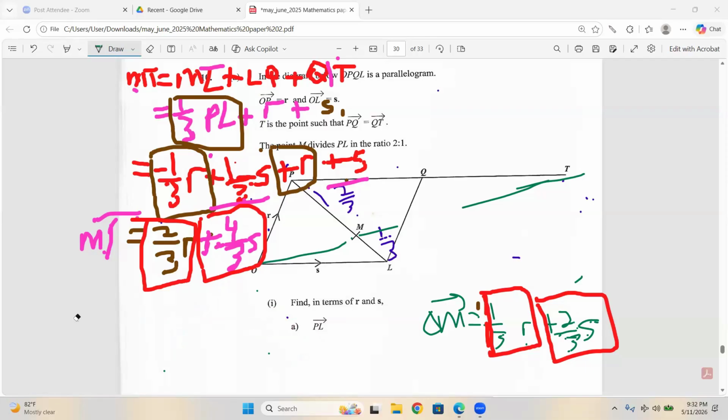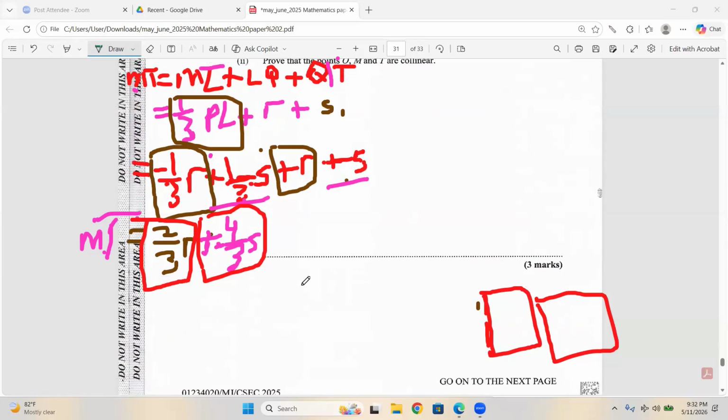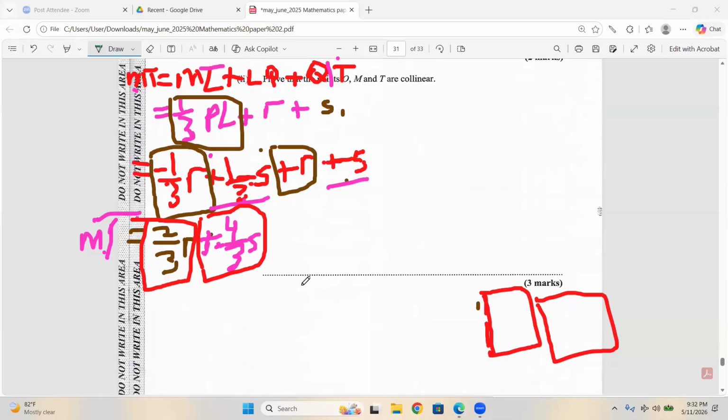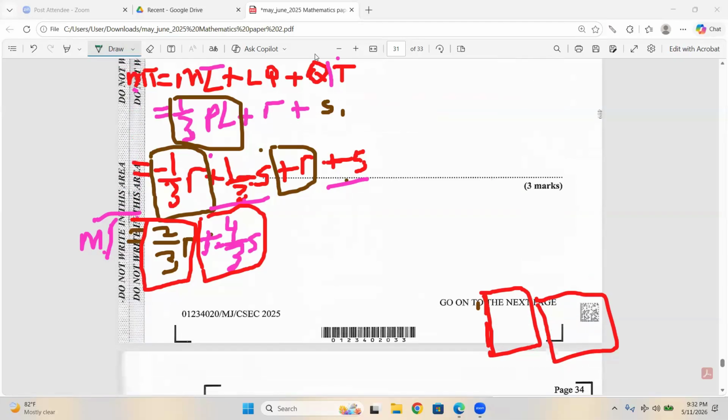They are on a straight line, because one is twice the size of the other. I hope that's clear, okay? If you have any questions, let me know. So that's how we could prove that they are collinear. One tends to be twice or more times or less times the size of the other. Okay, so let's end with this, matrices, and call it.